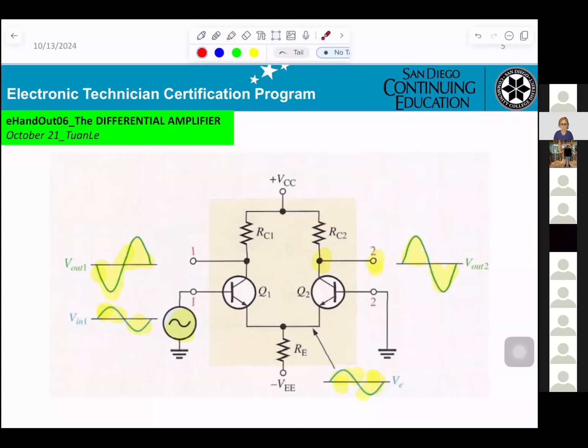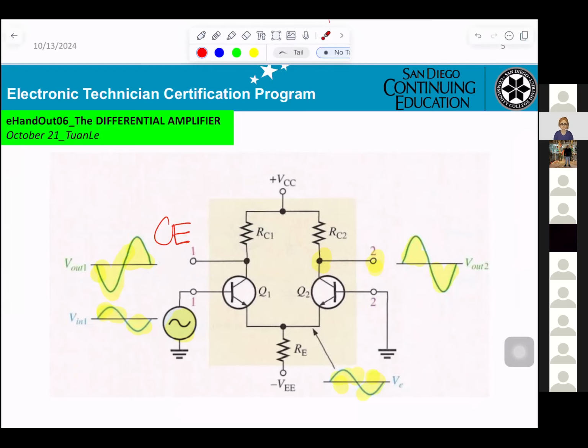Okay, the key point. When you're looking at Q1, input applied here, right? Output here, right. What amplifier? It will be common emitter. So that's why they're telling you the input and output are out of phase. You see that? In positive, out negative, and so on.